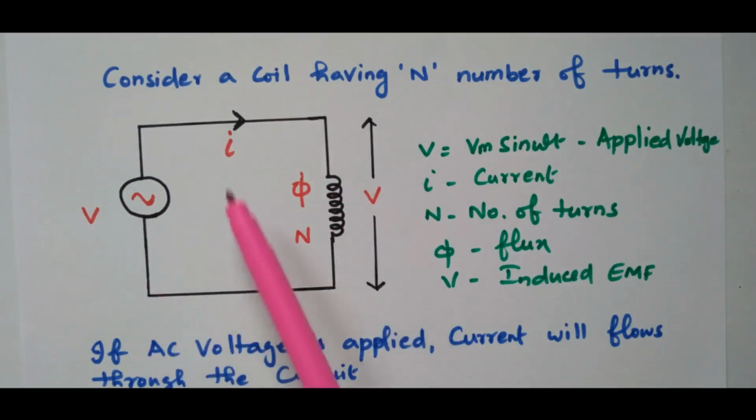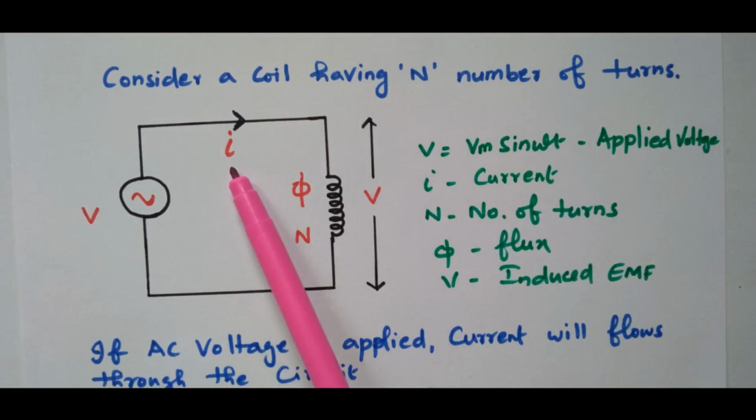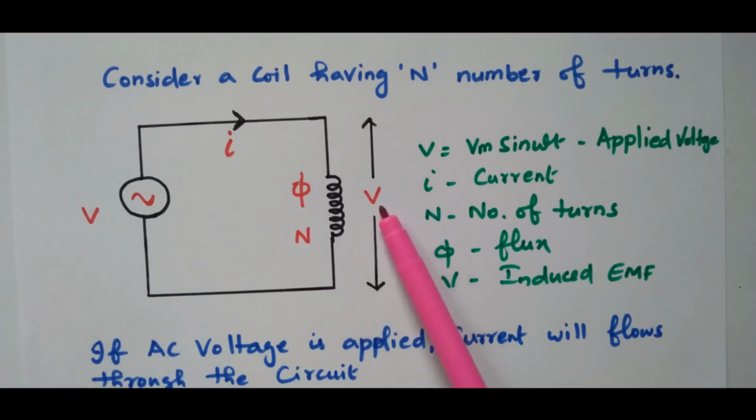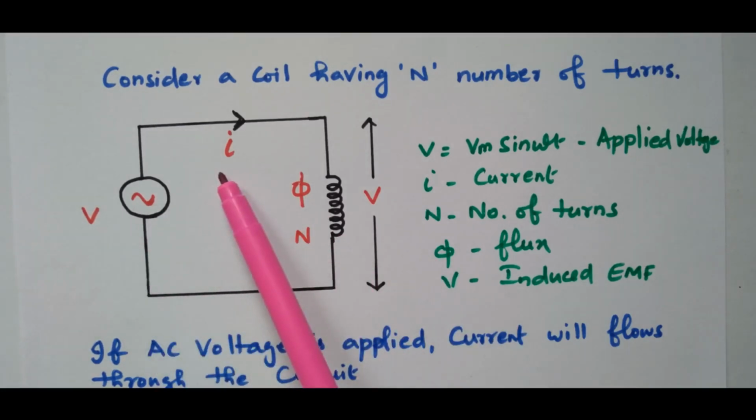This current is a rate of change of current. Due to AC voltage, this current is changing. Due to the rate of change of current, flux is produced in the coil. The flux is developed in the coil. This flux is also a rate of change of flux. Due to the rate of change of flux, EMF is induced in the coil. So, n number of turns in the coil, voltage is applied, current is flowing.